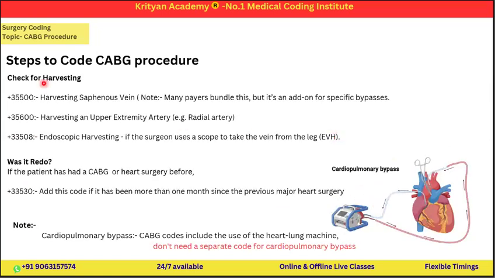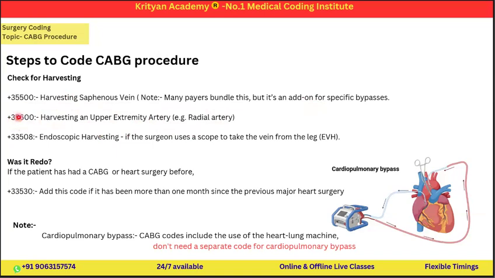And also we need to check if they are doing any harvesting. So there are add-on codes which you can see here. 33500 is for harvesting of saphenous vein, and many payers bundle this, but check the payer specifications before using it. Also the upper extremity artery, this is harvesting of the radial artery, 35600.